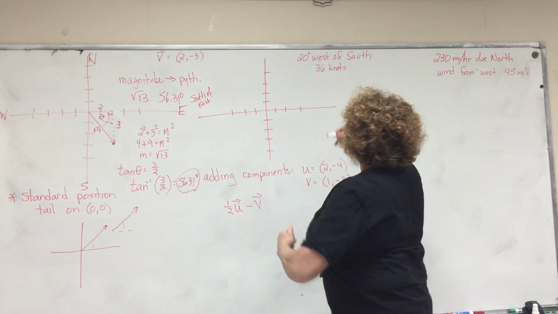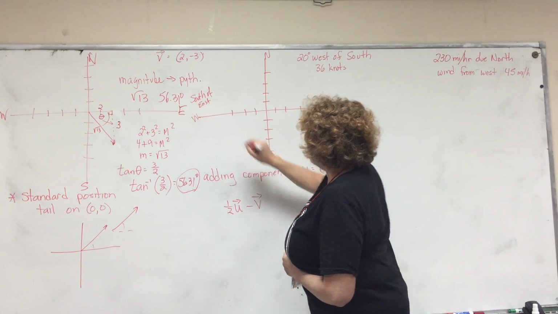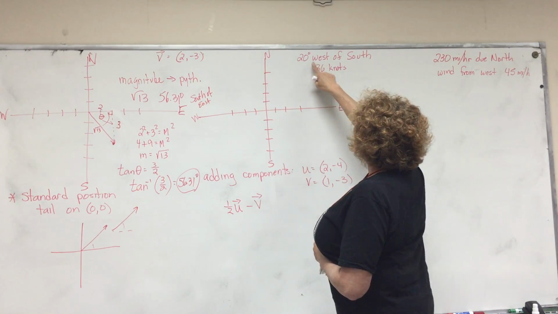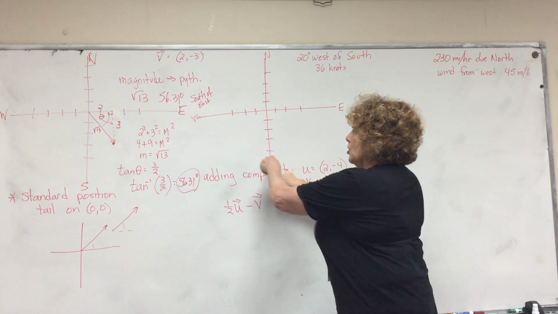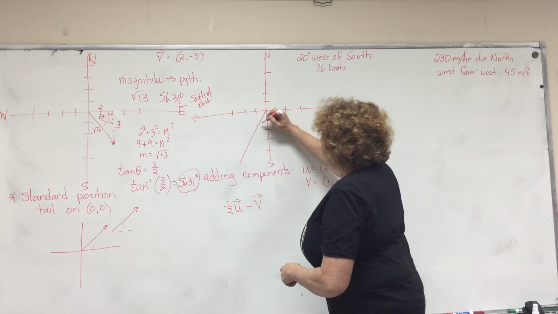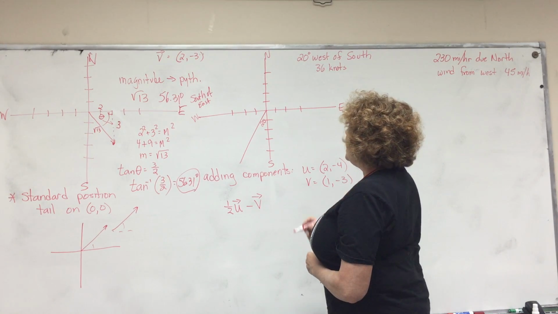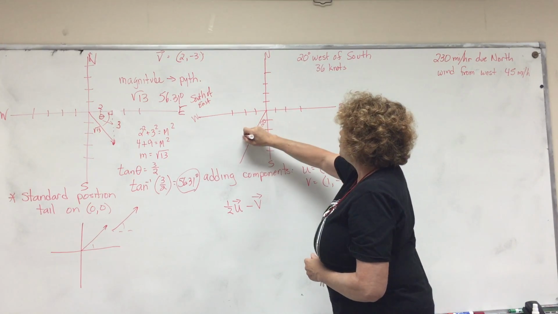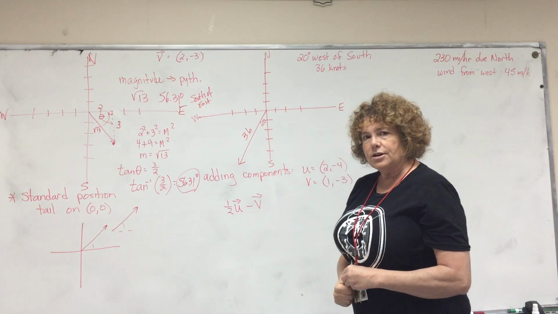So here is east, north, west, and south. If it's going west of south, here's south, and it's going to the west of south, so it would be 20 degrees right there, okay? And the magnitude is 36 knots. So that would be our vector.